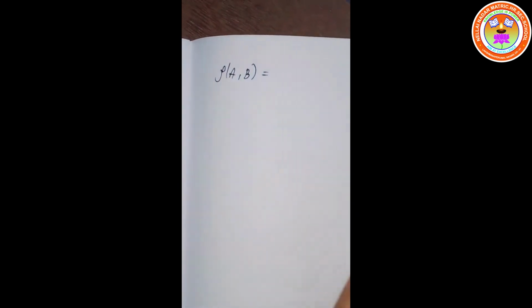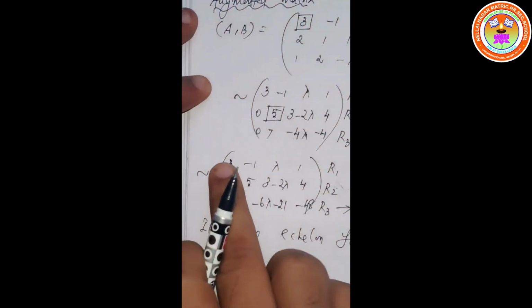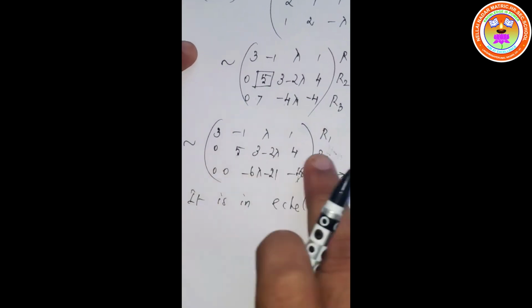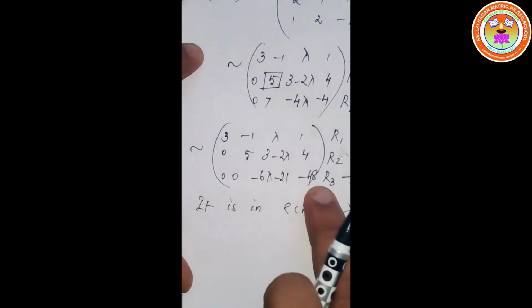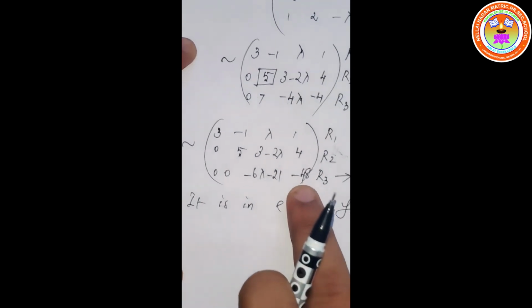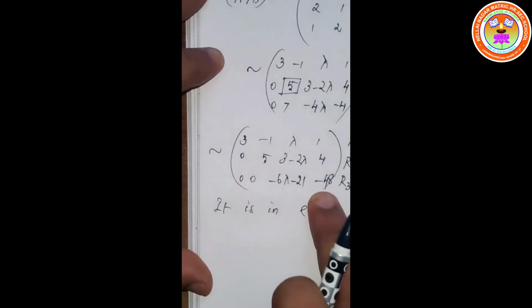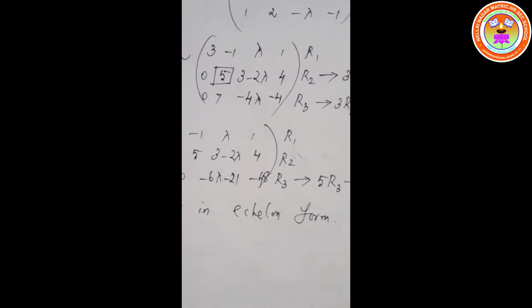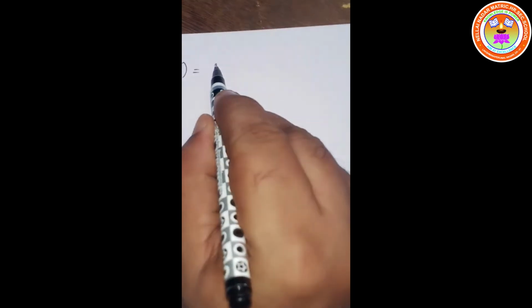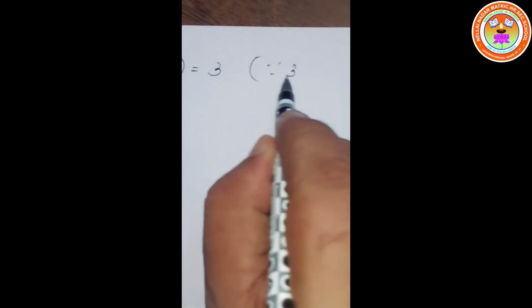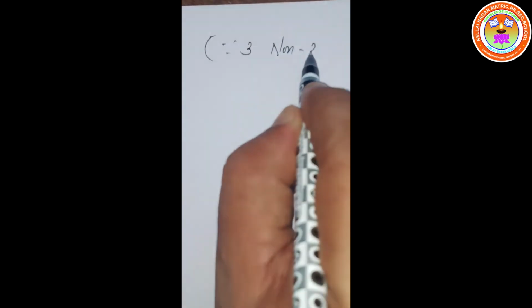Rank of A comma B, you have to count how many non-zero rows in AB. This is one non-zero row. It is also a non-zero row. Even this one is a non-zero row because we have the number minus 48. Even though we have two zeros, minus 48 is there. It should be considered as a non-zero row. So rank of A comma B is equal to 3, since 3 non-zero rows.